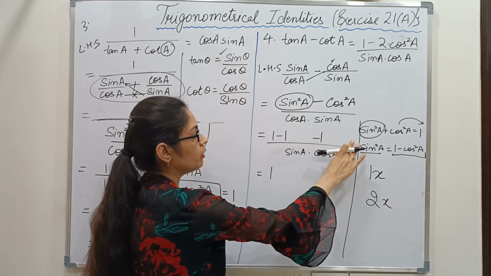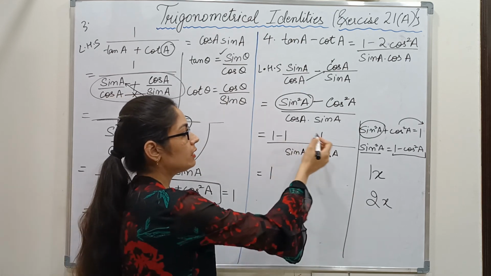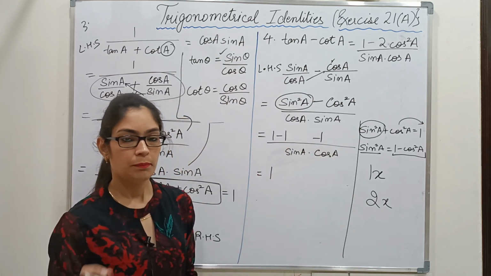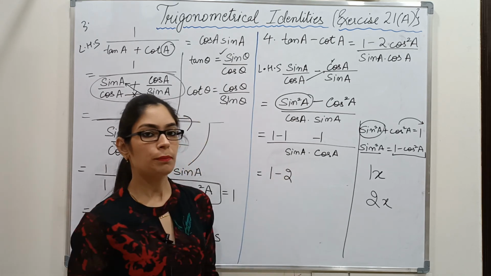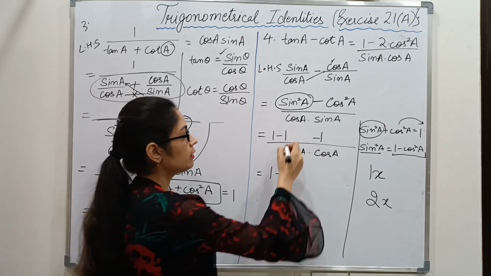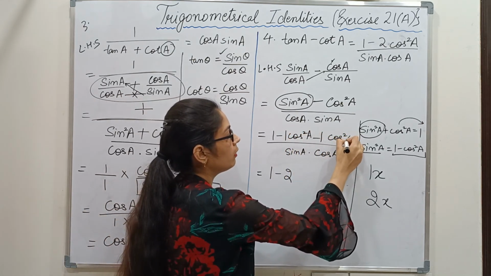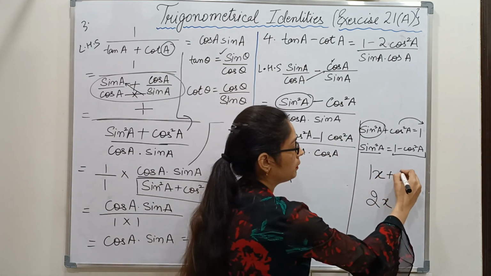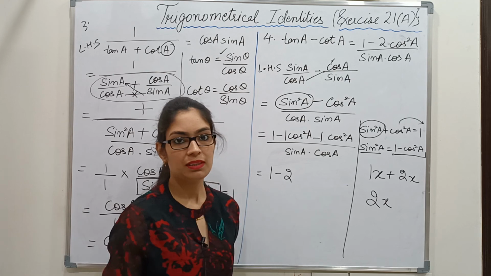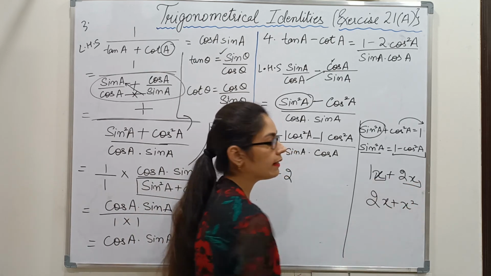So what we used to do, like terms we used to add first of all. So minus 1, minus 1 will become minus 2, because minus minus plus with a minus sign only. Why did we add these two? Because these are like terms. Just as 1x can get added with 2x because they are like terms, the same term, but 1x and 2x you can't add into x square.